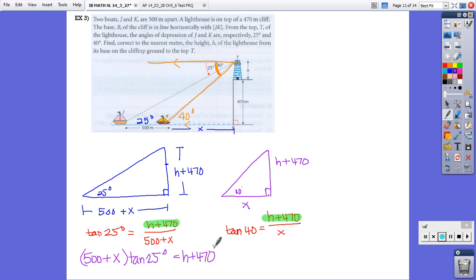And then you can actually substitute that right in, or you can solve this equation also for height plus 470, and then you can set them equal to each other. It doesn't matter which one you do. In the end, you will end up solving for, in this case, x, and then you'll use one of the ratios in red that have the green highlight to find h. So that's the setup for example 3.